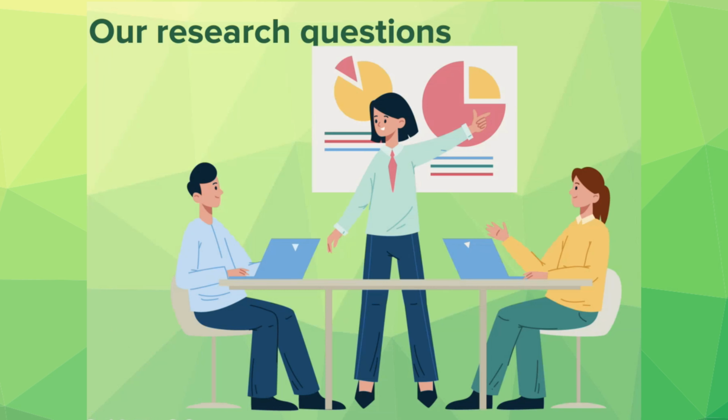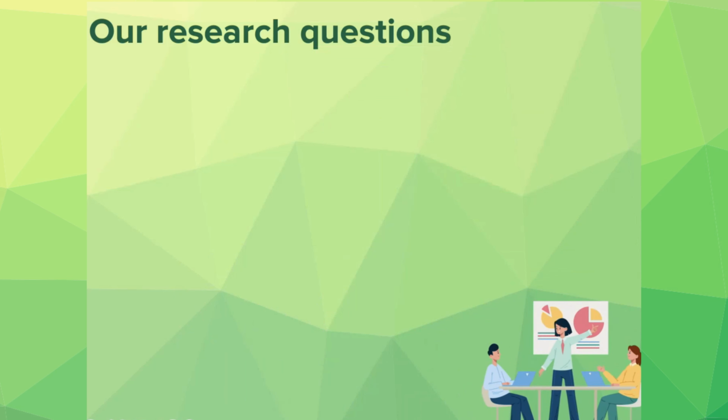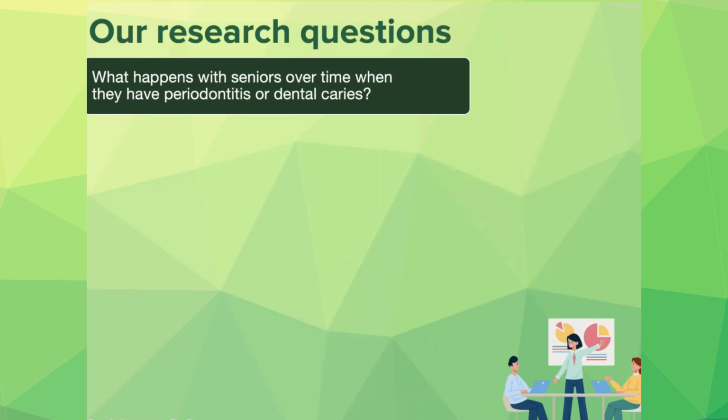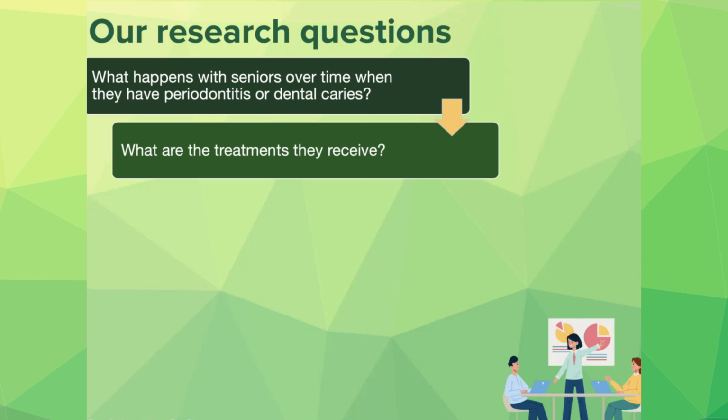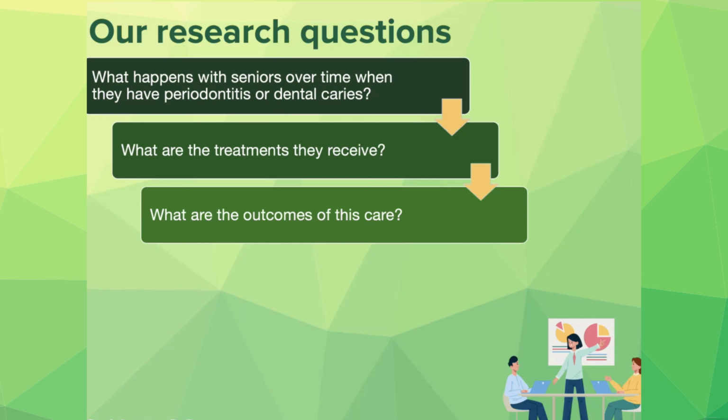So this study will try to decrease this gap between research and practice, to try to understand and answer a few questions. What happens with seniors over time when they have periodontitis or dental caries? What are the treatments that they receive? What are the outcomes of this care?